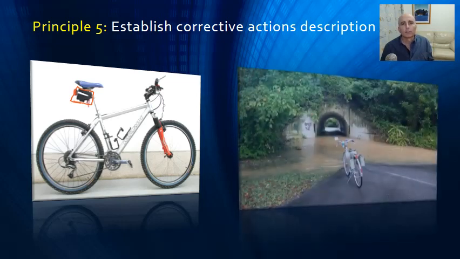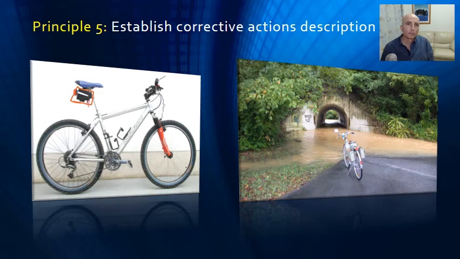But there are times when you'll be on the ride and something unpredictable will happen within the process of riding around. Here, I would not ride through as this is filling up, so the corrective action would be to go back and around.